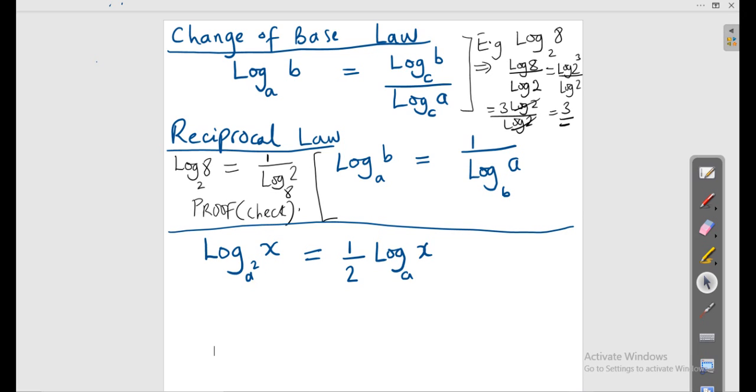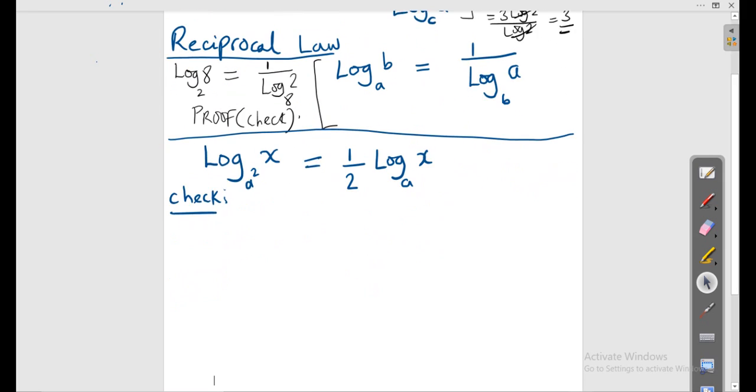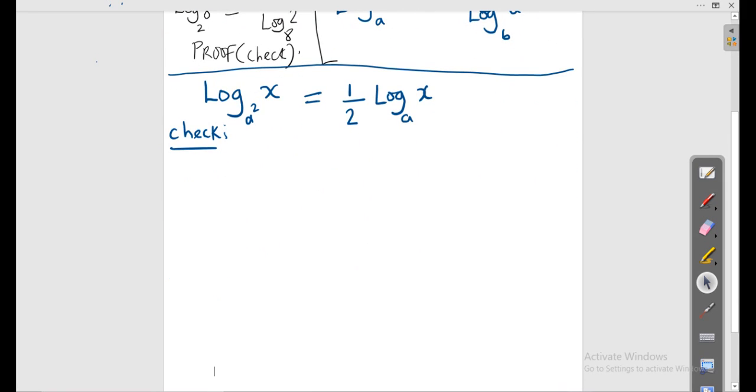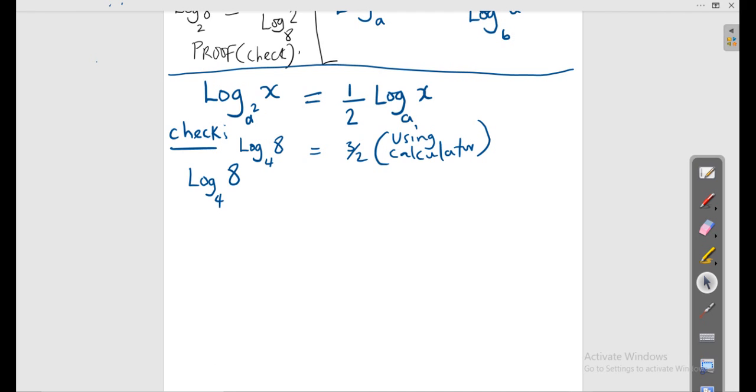Now let's check how true this is. What is the value of log 8 base 4 with your calculator? If you use your calculator, you will get 3 over 2. Now log 8 base 4 is the same thing as log 8 base 2 squared.